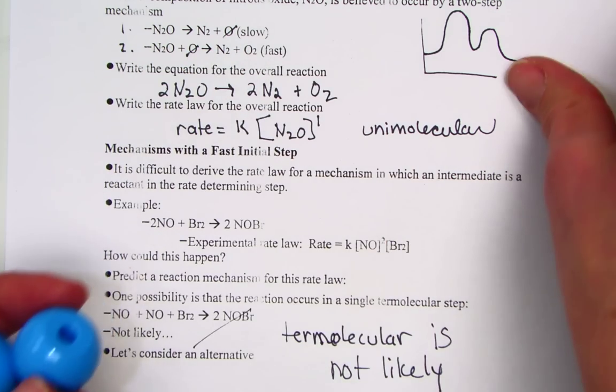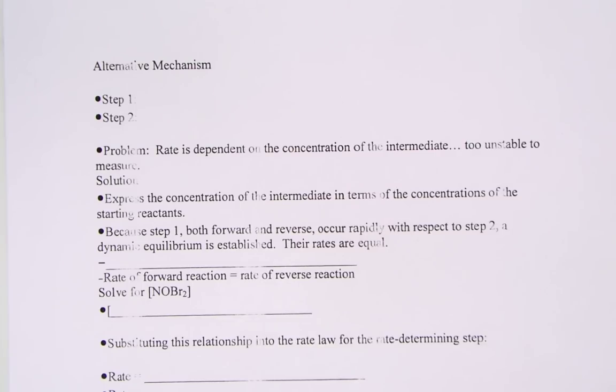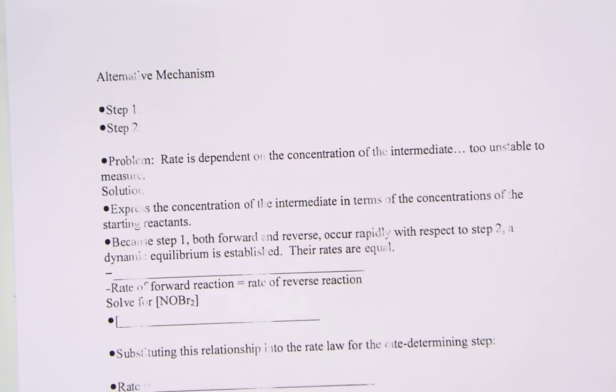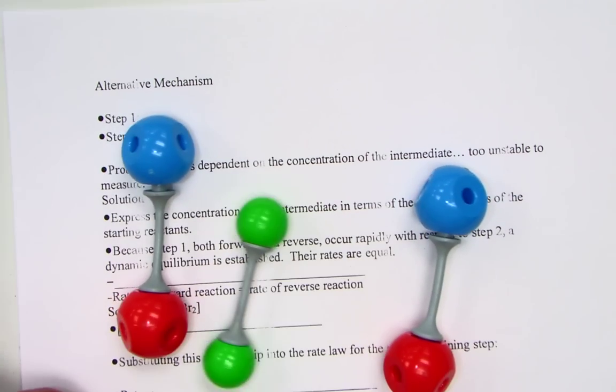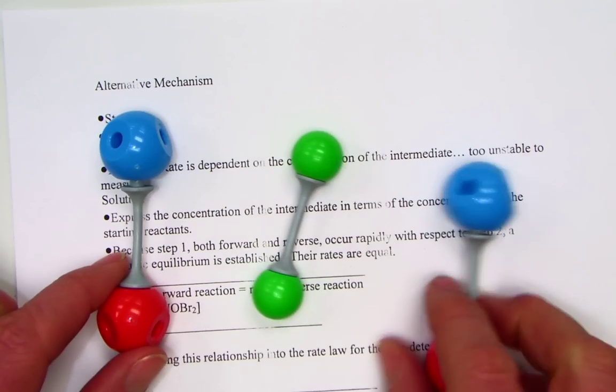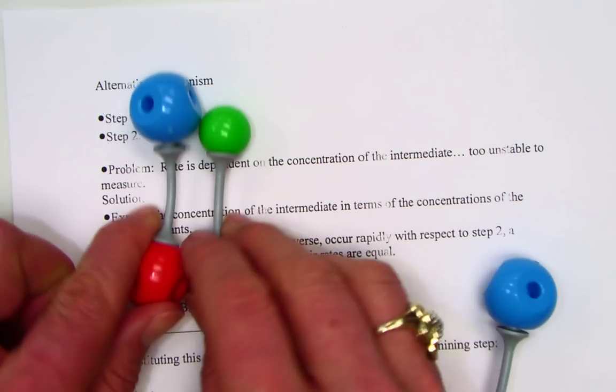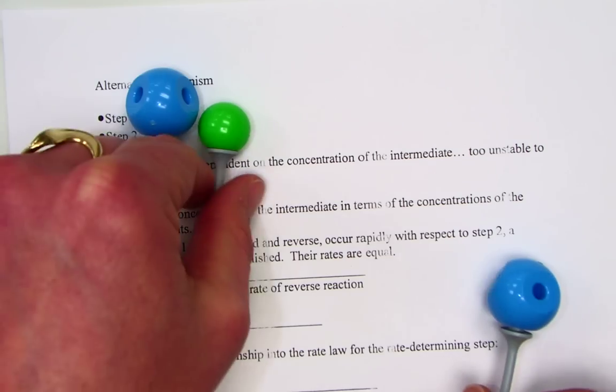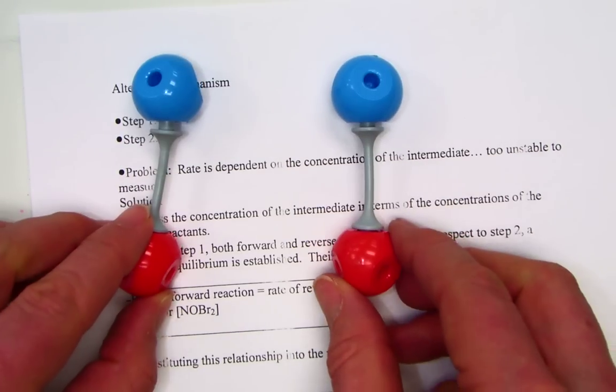So again, if we just flip the page of our notes, let's propose a second alternative mechanism. Instead of one step where all 3 collide, what might be a different pathway? A couple of options to consider. Suppose I take an NO and a Br and collide that. Or the other choice would be take the 2 like molecules and collide that.